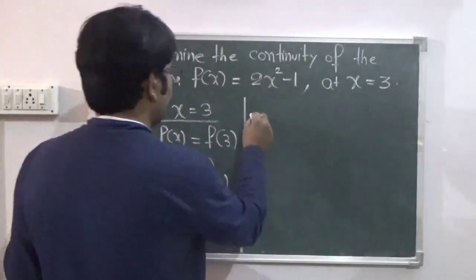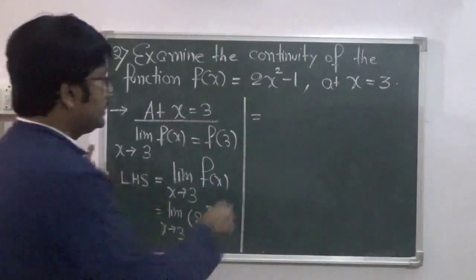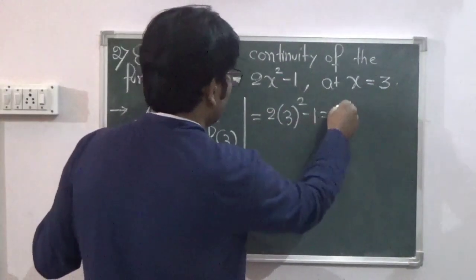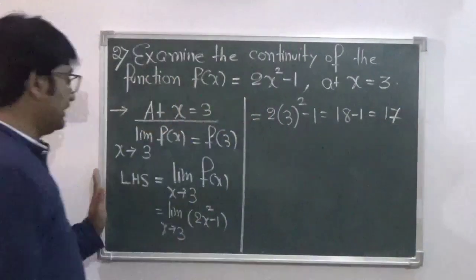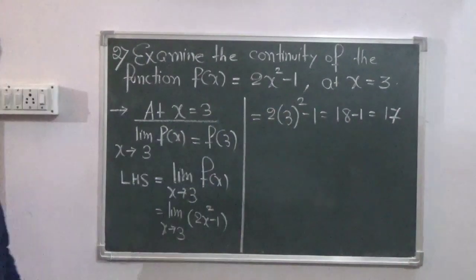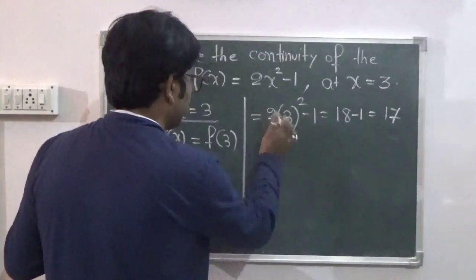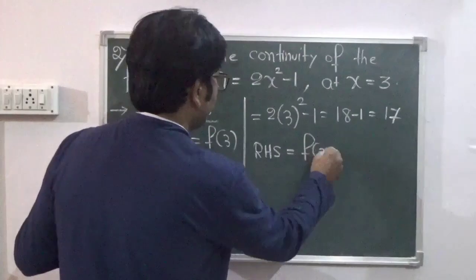So this equals, putting x = 3 here in this function, 2 into 3 square minus 1, that is 18 minus 1, and that is equal to 17. So the left hand side we are getting the value as 17. Now let us see what is f(3). That is the right hand side, equal to f(3).